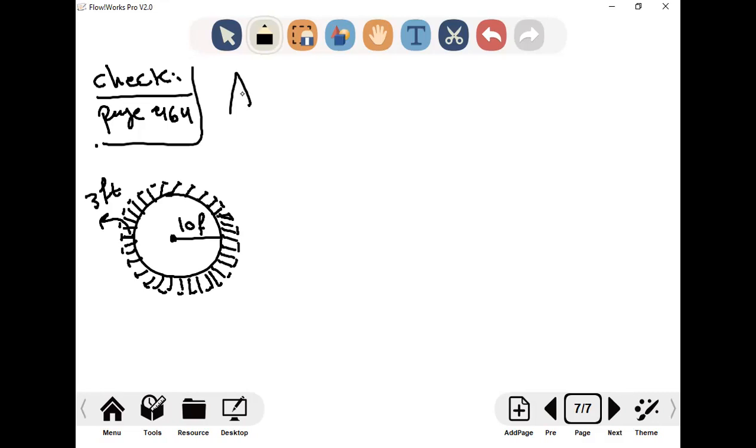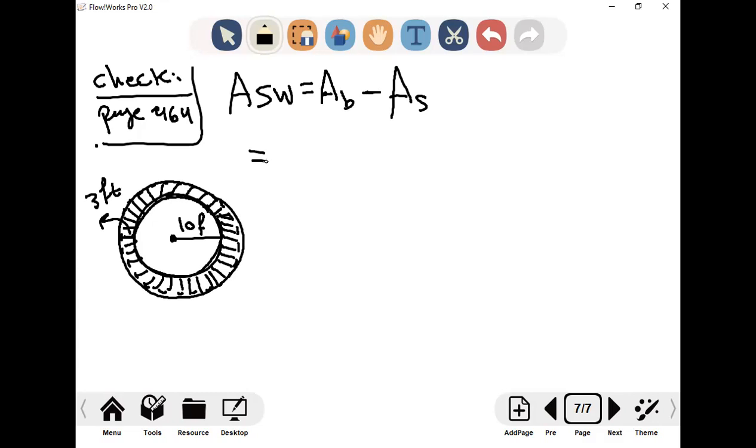So area of the sidewalk equal area of the big circle minus area of the small circle, right? This is the big circle, and this is the small circle. Equal the area of the big circle.